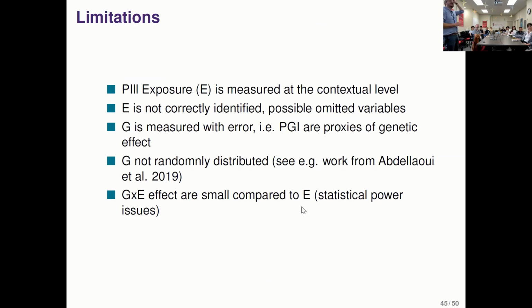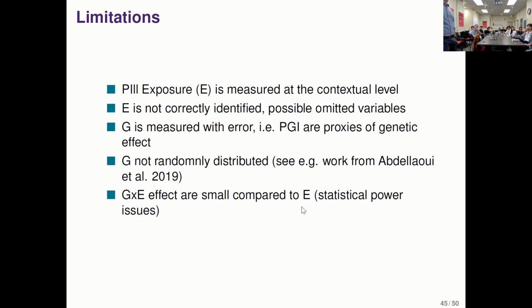What are the limitations of this paper and why did it take a different direction? We don't know exactly where to go. The pill is measured at the contextual level. This is a limitation, but also a strength in a way, because it's not a choice of the individual.